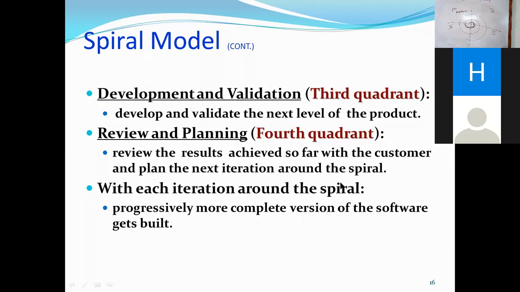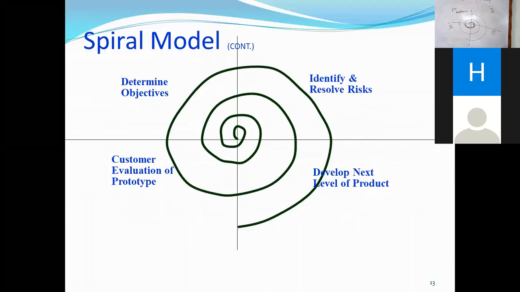So we can say that every spiral, a single circle, represents a single phase in the software development life cycle of a spiral model, and having four quadrants that involve determining objectives, identifying and resolving risk, developing next level of product, customer evaluation of prototype.